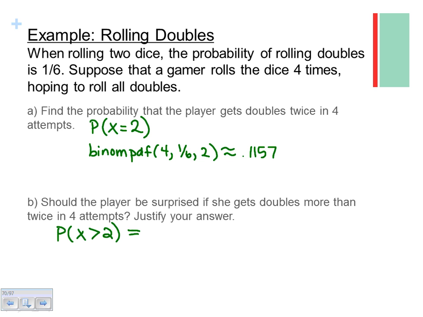I'm going to do 1 minus the probability of twice or less out of the 4. So I have 0, 1, 2, 3, and 4. More than twice is 3, 4. So the complement would be 2 or less in this case. This is going to be a cumulative.